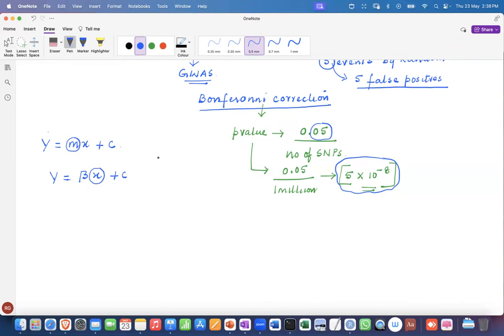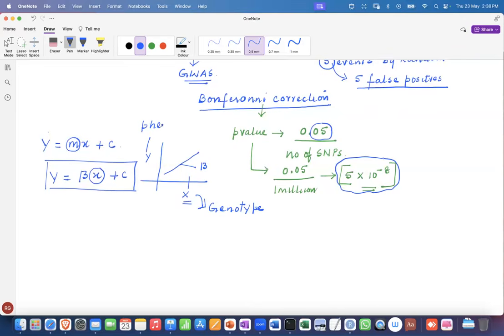If you are looking at a straight line, you take the x-axis here and the y-axis here, and this is the equation for your straight line, where beta is your slope. Now look at this. What is there on your x-axis? Your genotypes. And your y-axis is your phenotype.